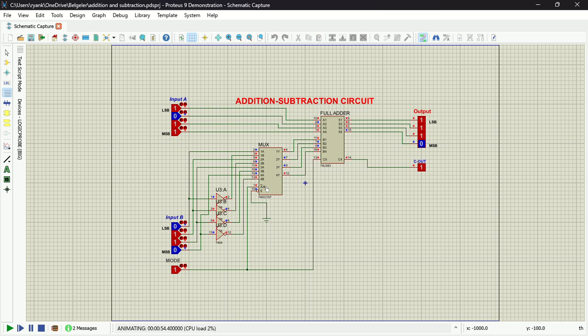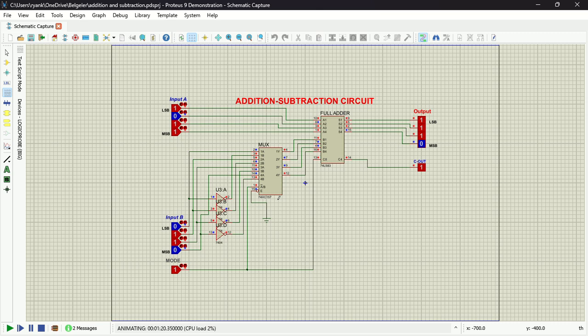What it basically does is choose between input B and its ones complement based on the value of the mode. When the mode is 0, it selects B, and when the mode is 1, it selects the ones complement.